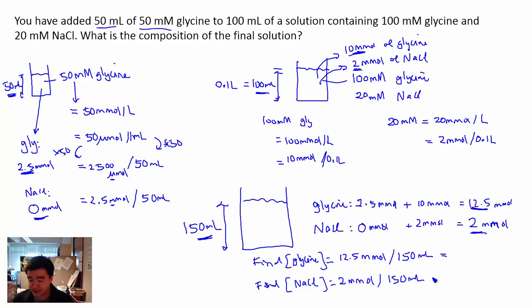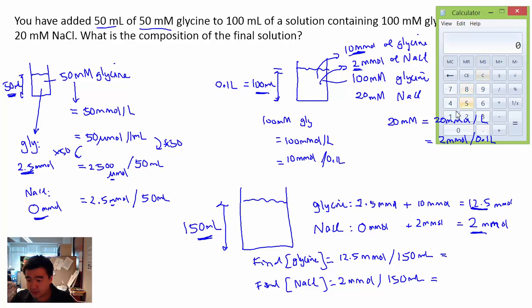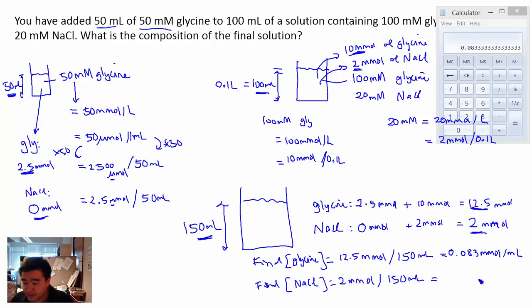Now to express this in a nice way, what we can do is divide this side by 150, which means we divide this side by 150 as well. So let's get the calculator up. 12.5 divided by 150 is equal to 0.0833, so 0.083 millimoles per mil.